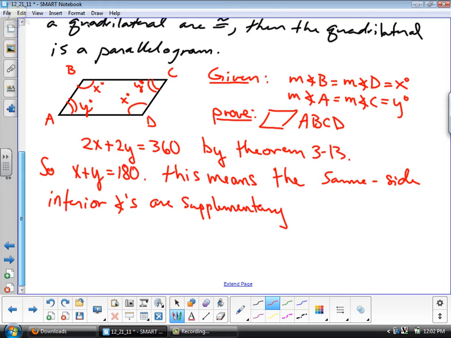And if the same side interior angles are supplementary, then the lines are parallel. If opposite sides are parallel, then the quadrilateral is a parallelogram by the definition of a parallelogram.